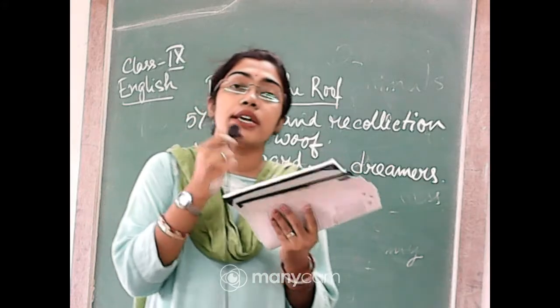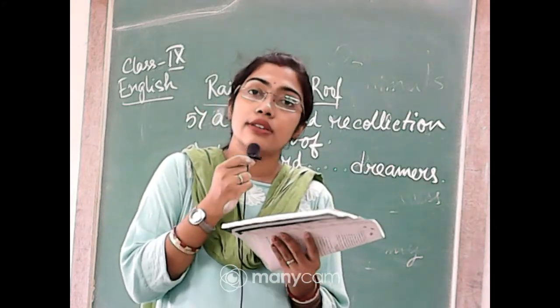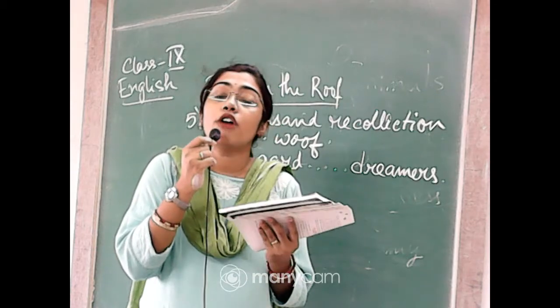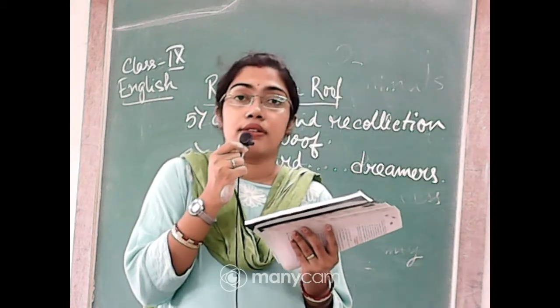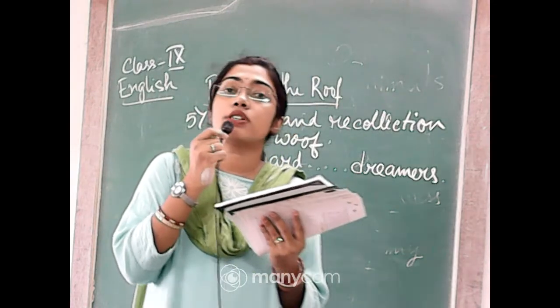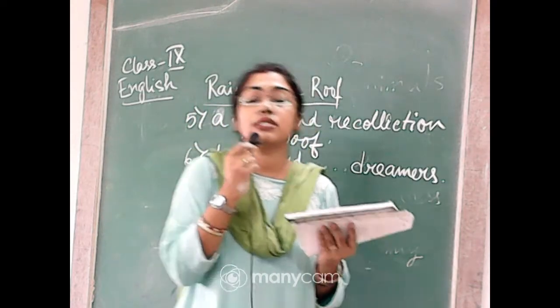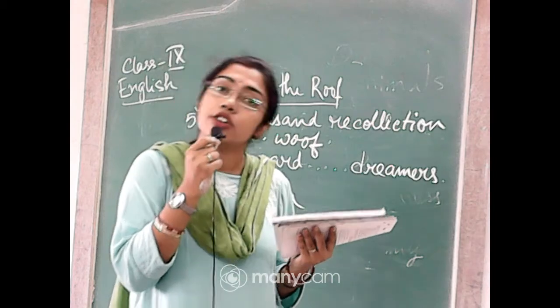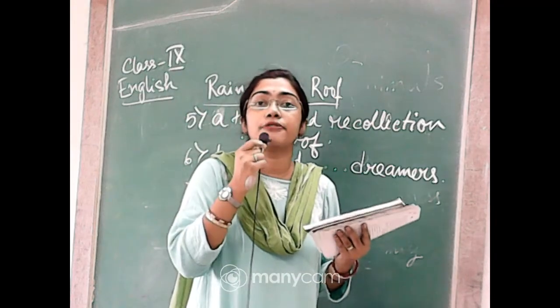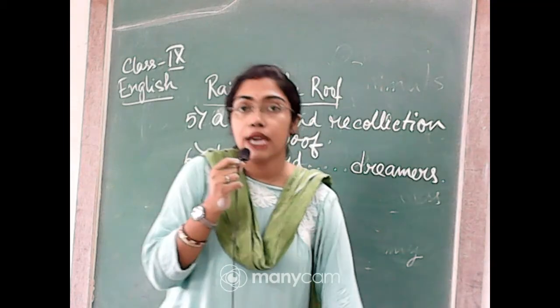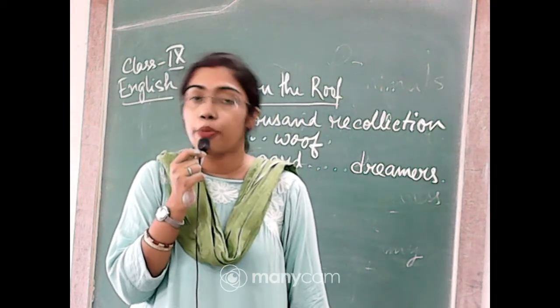The rain gives the poet beautiful nostalgic memories of his mother. That is the function of the rain to the poet. The rain used to bring different beautiful memories of his childhood and of his mother.